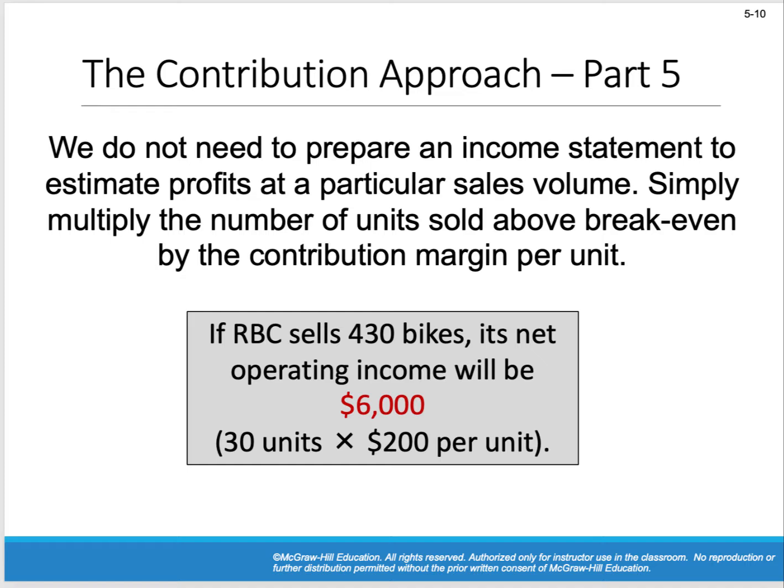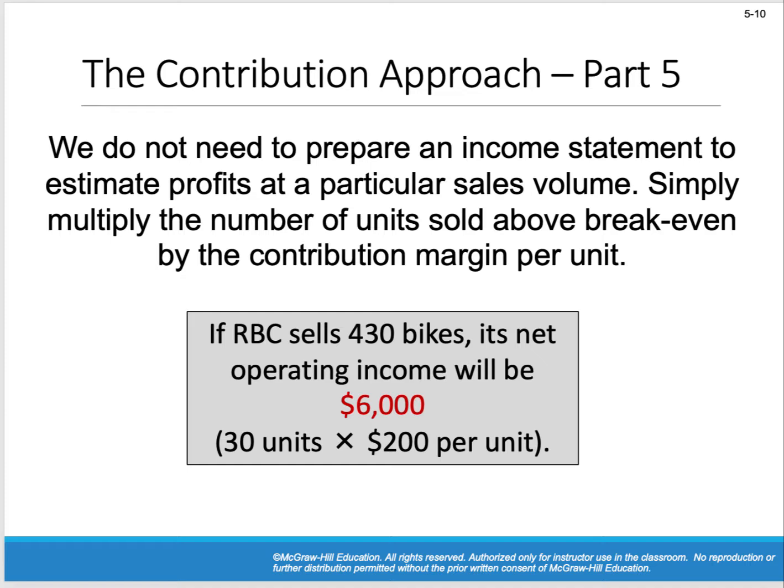So let's look at this example. If RBC sells 430 bikes, how much will its net operating income go up by? We do not need to prepare a brand new contribution format income statement calculating our sales volume at 430 bikes and costing out the variable expenses at 430 bikes.